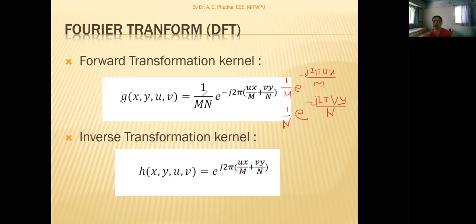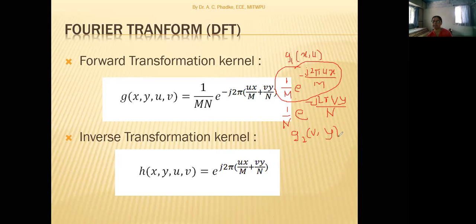So as we can separate this e raised to minus j theta term into two terms, the first term we can call g1(x, u) and the second term we can call g2(v, y).